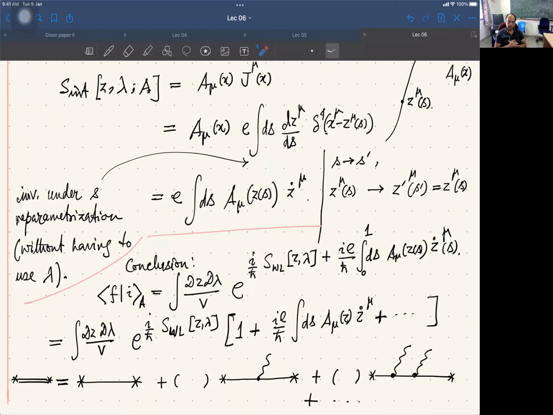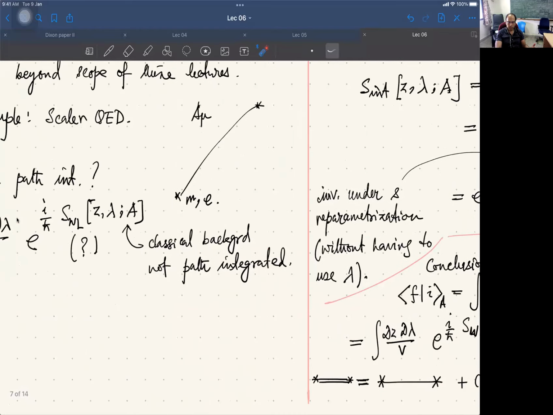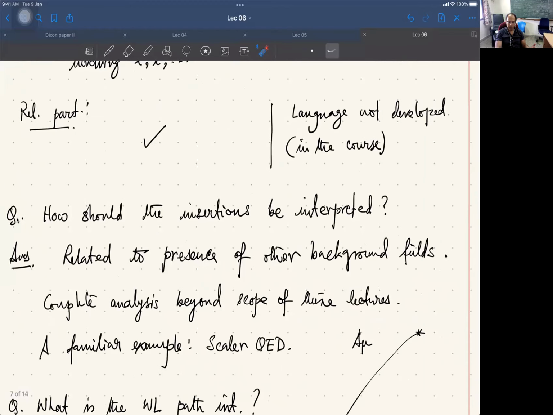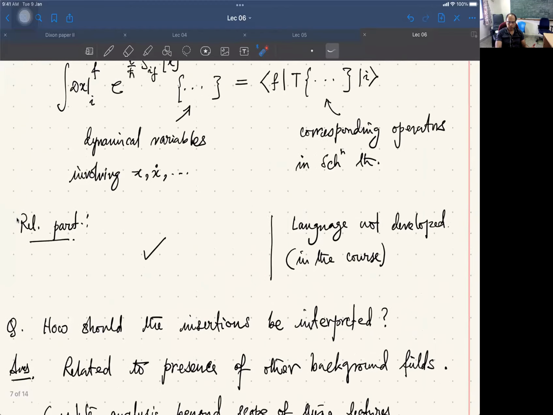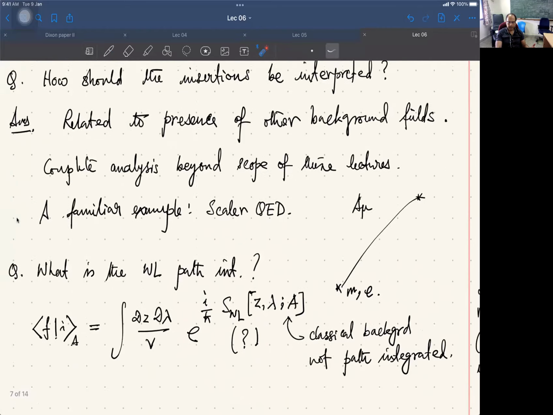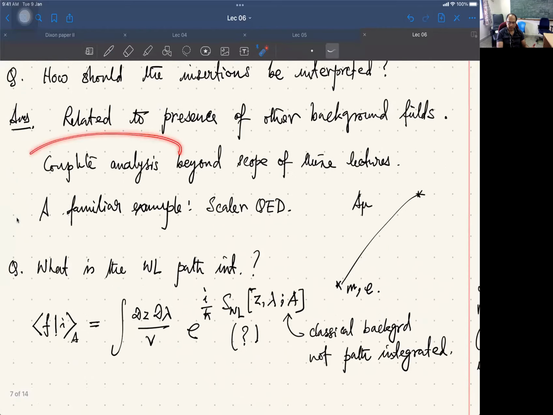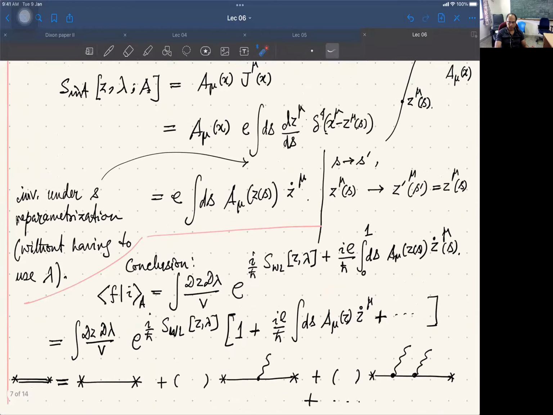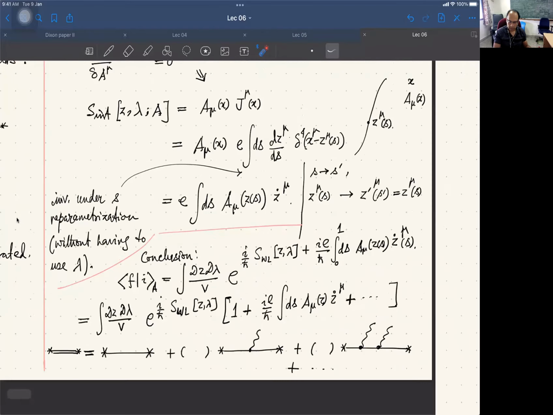That is precisely why I'm saying we will not do a complete analysis of this problem, but this can be done. All I wanted to motivate is that those kinds of insertions are related to backgrounds. If you do not want to consider backgrounds, you forget about those computations. Okay, so this was this slide.